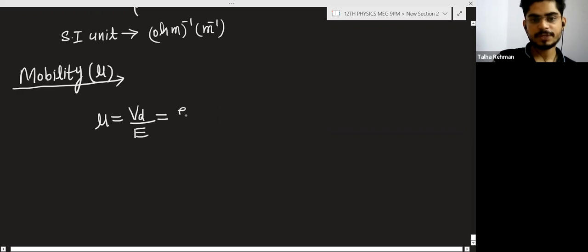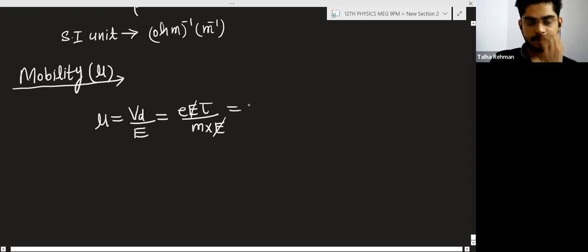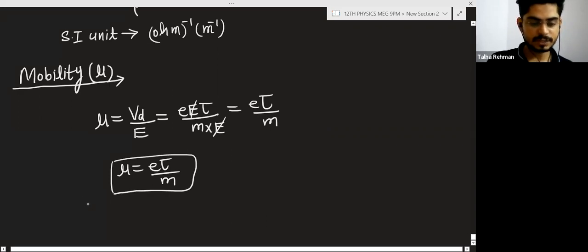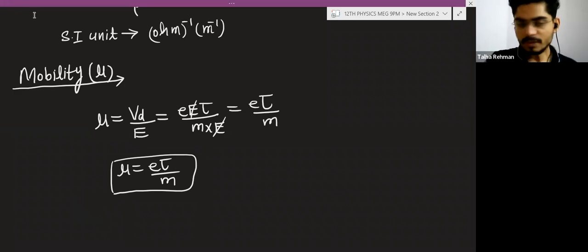We know drift velocity is e tau divided by mass of electron into E, and E cancels out. So mobility is e tau divided by m. Its SI unit you can calculate as meter per second divided by the unit of electric field.